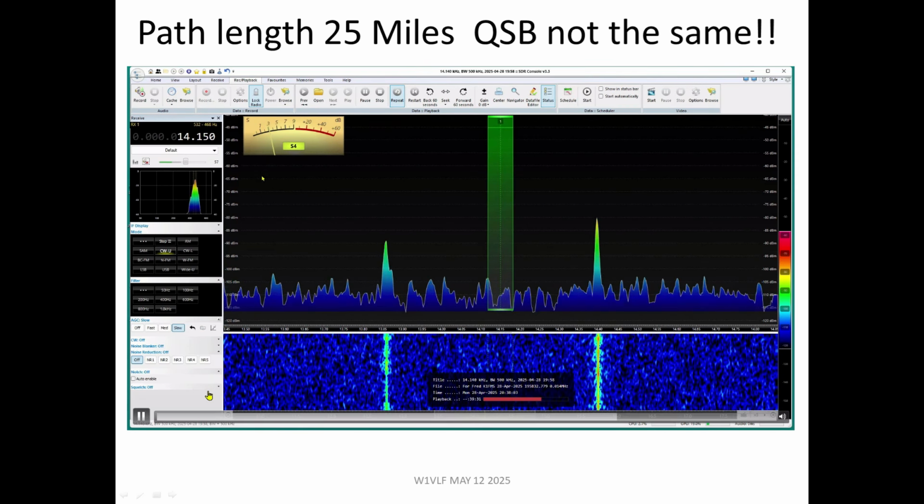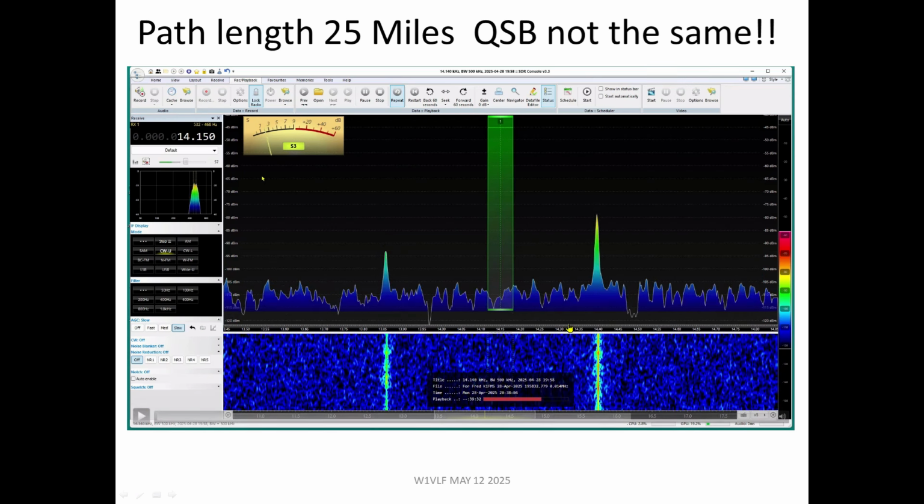So you can see that these were not coincident. Something in the path between those two was changing.